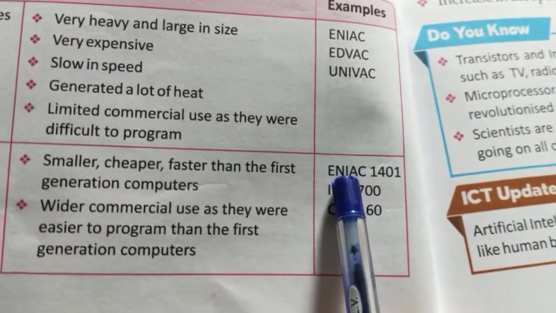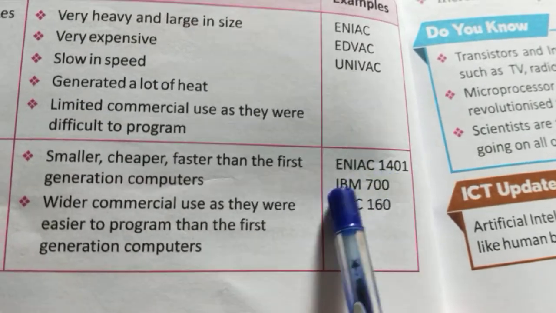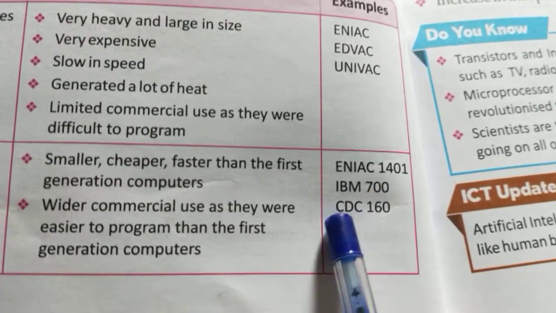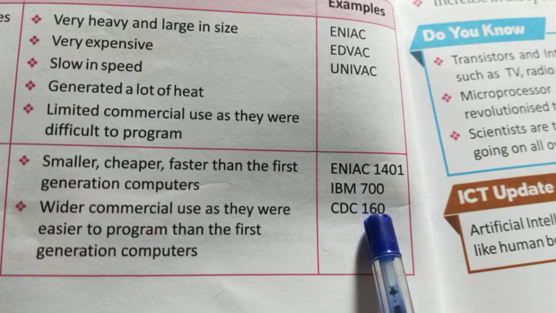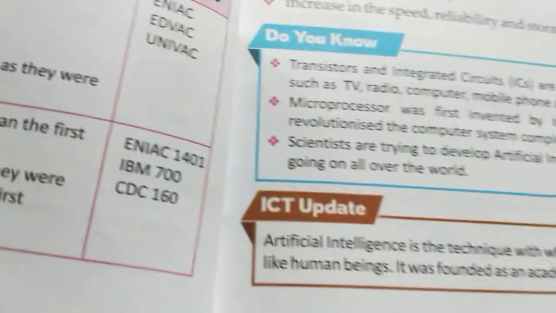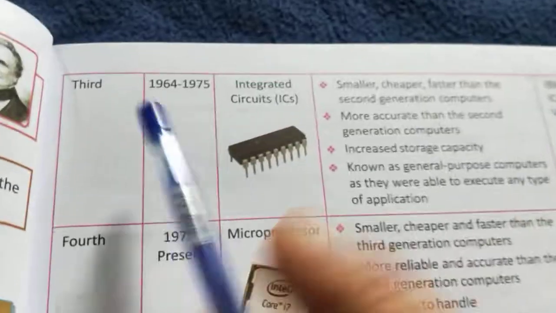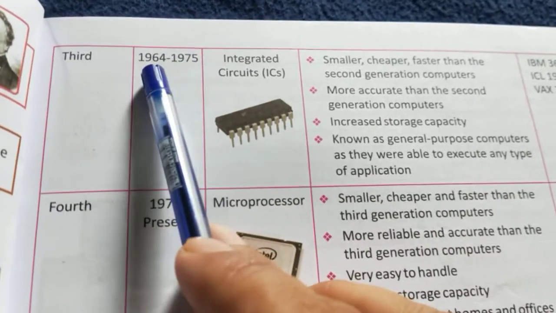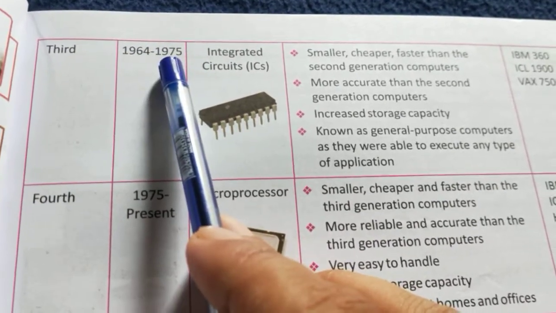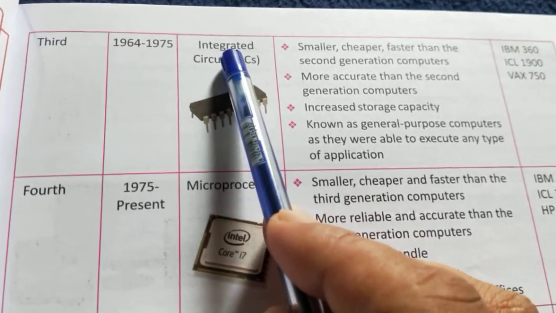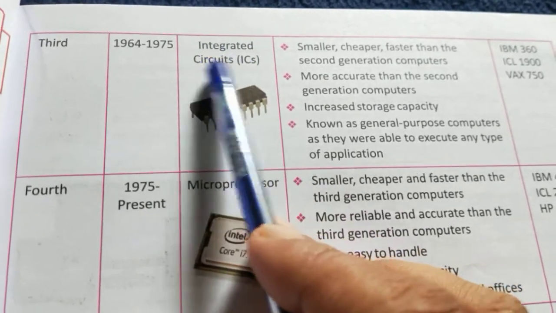The examples are IBM 1401, IBM 7094, CDC 1604 or 160.